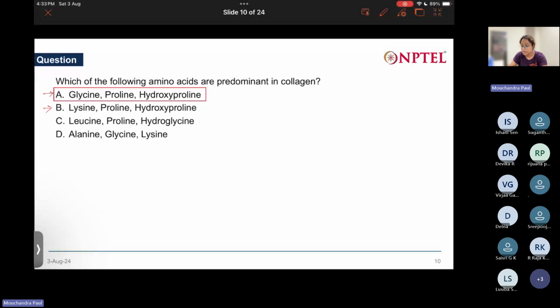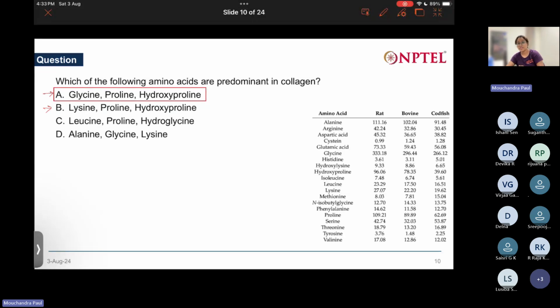Okay. Why? Let me show you. This is a chart that I took from just Googling the amino acid distribution in collagen from different sources like rat, bovine, codfish. If you see this table carefully, this is the weight percent of different amino acids in some total weight of collagen.